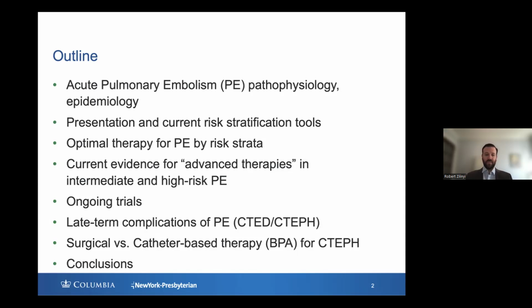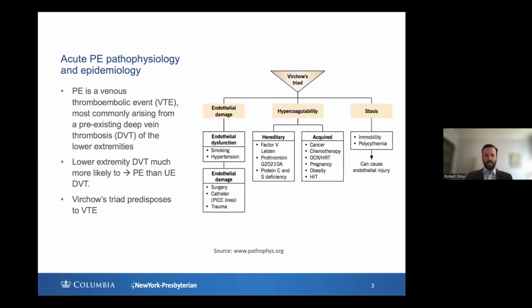We'll also talk very briefly about the surgical versus catheter-based therapies for chronic thromboembolic pulmonary hypertension, and then some conclusions.